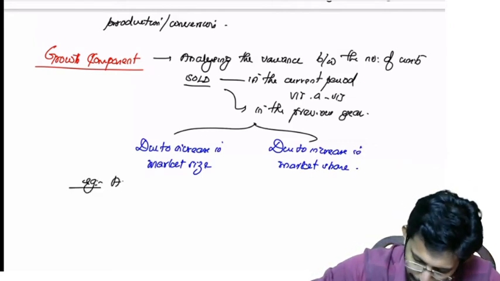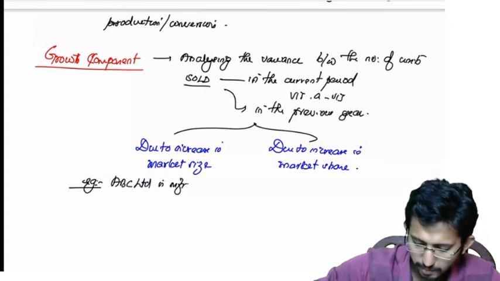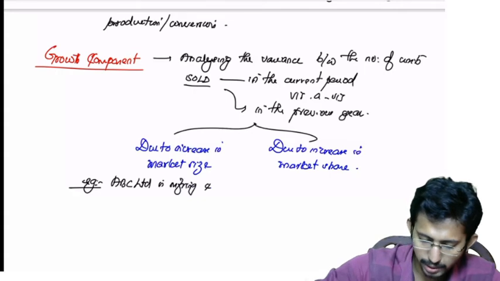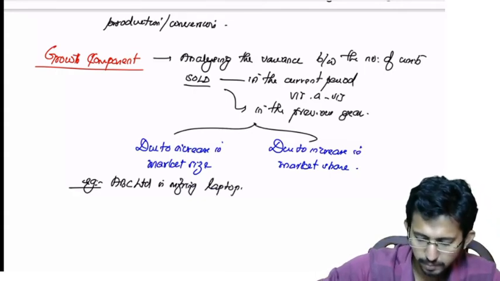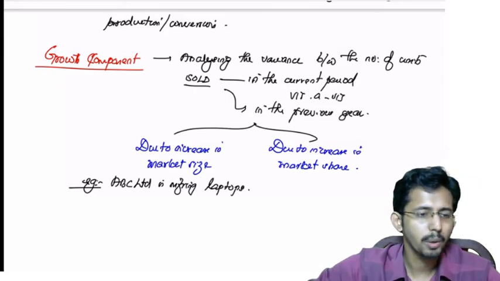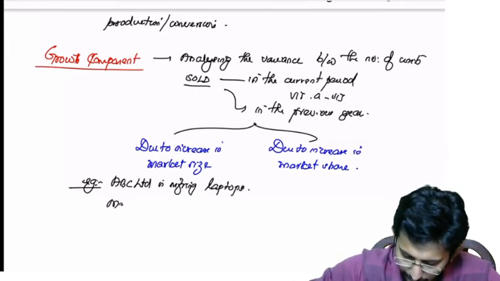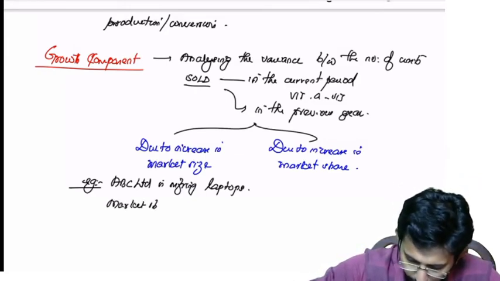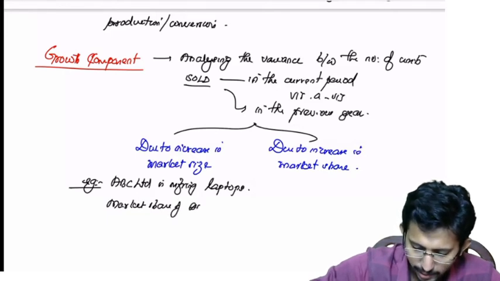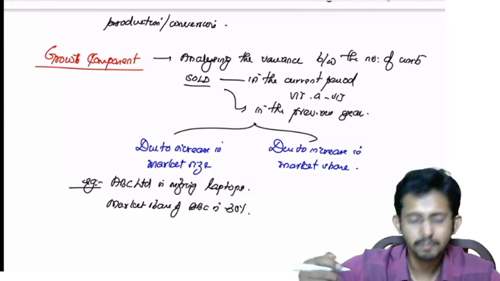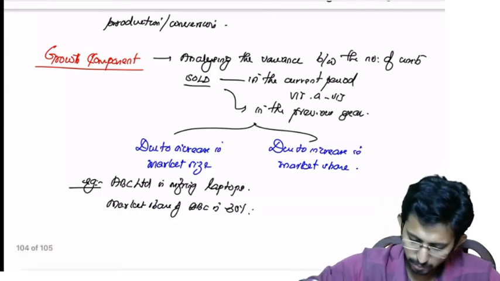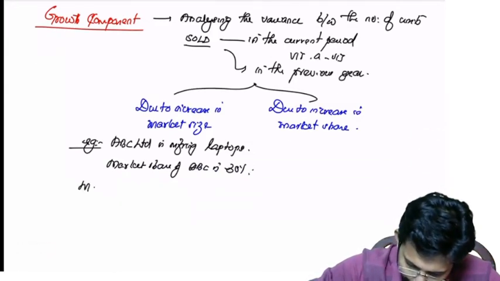Okay, ABC Limited is manufacturing what? Computer or laptops. Okay, now the market share of ABC is 30%.